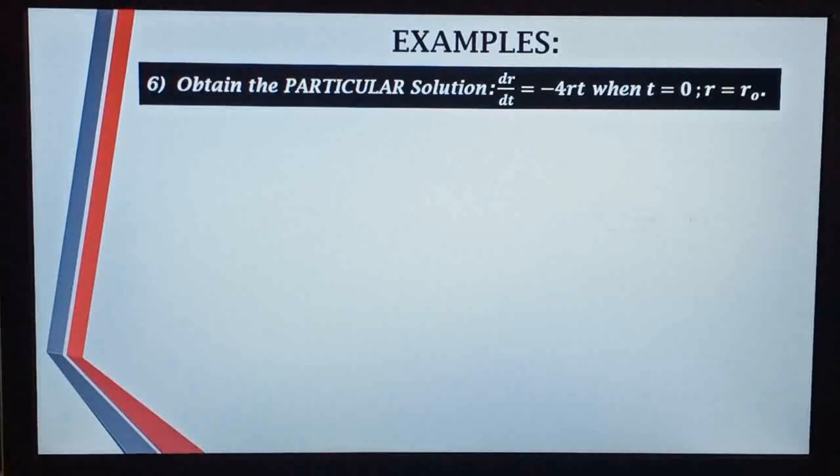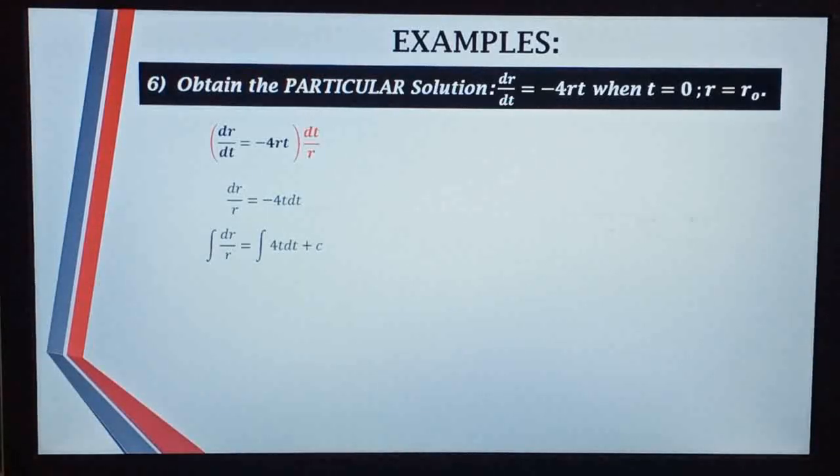Separating r kay t, we have to multiply the equation by dt over r. So, pag minultiply na natin yung equation by dt over r, our equation will be dr over r equals negative 4t dt. Then, we have to integrate kasi na-separate na natin.